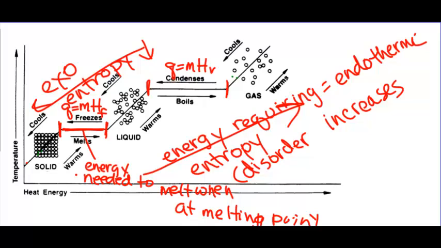If you're not on a flat part and you're not in a phase change, you could still calculate heat. So I could calculate the heat needed to go from, say, 5 to 10 degrees, just when I'm in the temperature changing part of the curve. But that's a different equation.